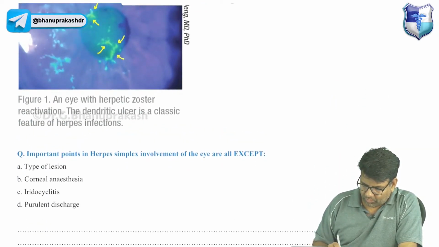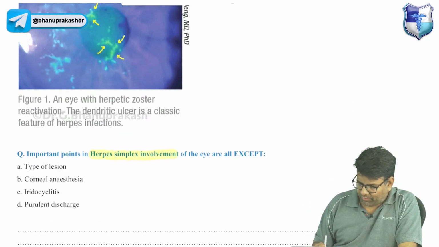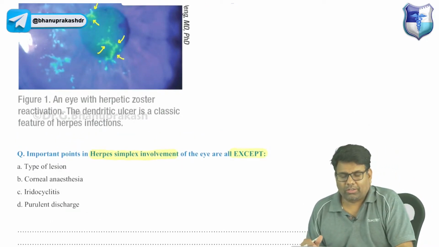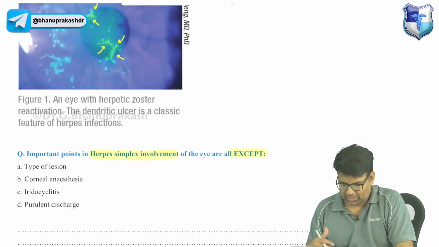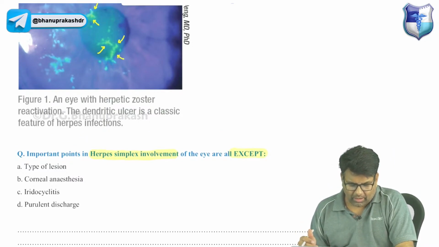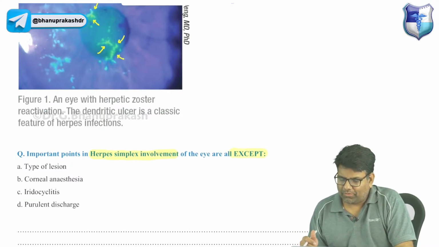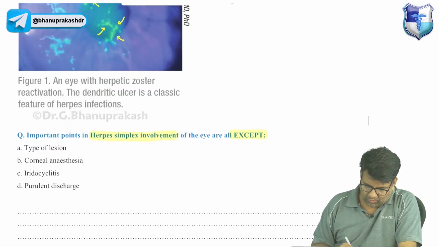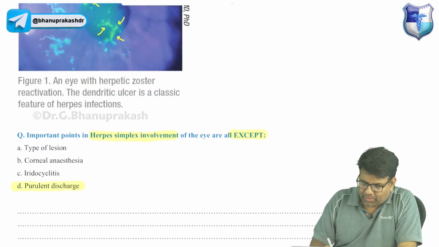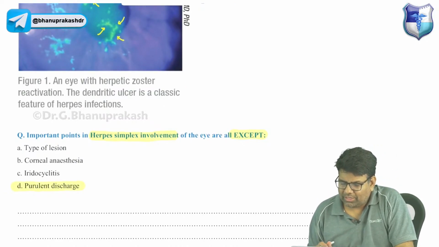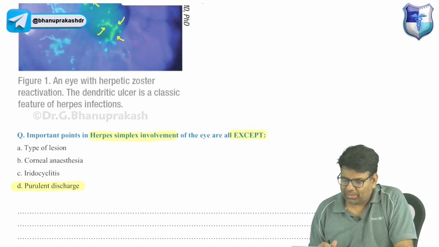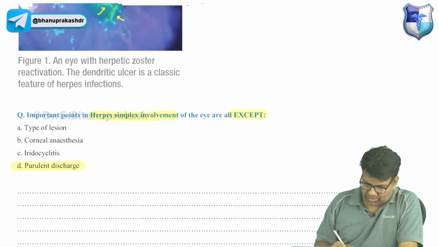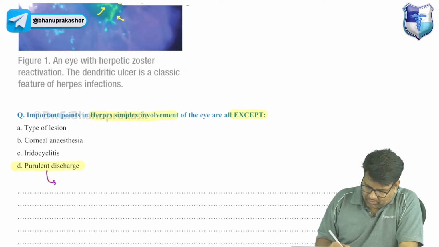Now, herpes simplex involvement of eye, what will you not see? You won't see purulent discharge, because whenever you find this word purulent discharge, you are mostly talking about bacterial infection, right?